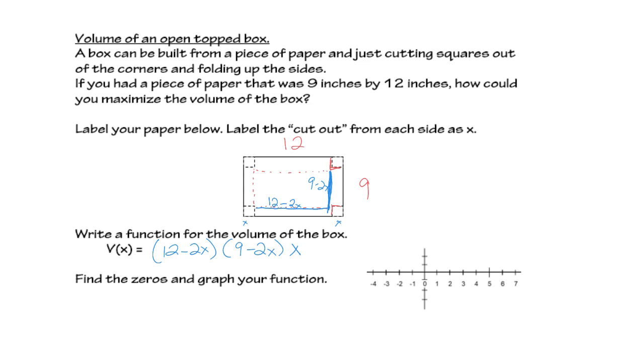And it's going to have a 0 at, if you set this equal to 0, you can probably do that in your head. You'd have a 0 at 6. If you can't do it in your head, then you set it equal to 0 and go solve. Subtract the 12, so divide by -2. If you do it on this one, it doesn't come out quite as nice. You're going to subtract the 9 and divide by -2.